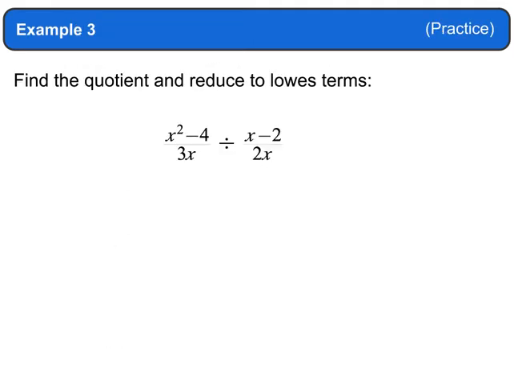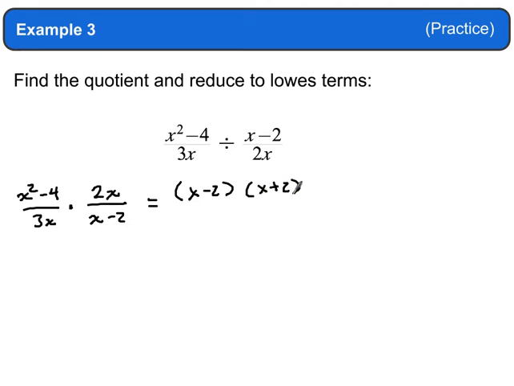And so we have this piece here. We don't actually want to divide fractions, so we rewrite this as x squared minus 4 over 3x. We change it to multiplication. We write 2x over x minus 2, and then we're going to multiply. So this is my difference of squares. So we write x minus 2, x plus 2.